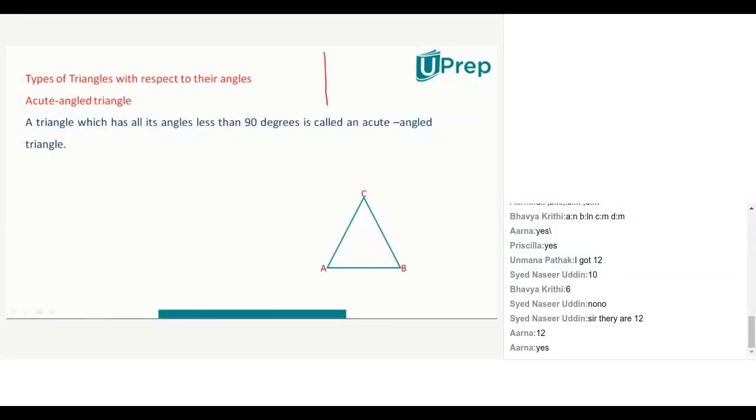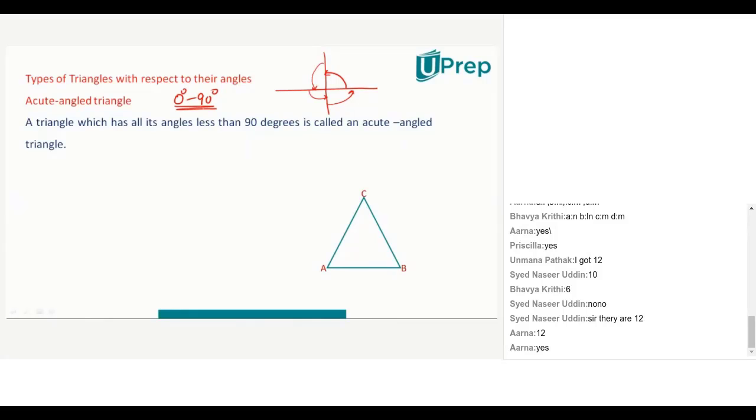Remember, I drew this, then I started moving, and discussed the different types of angles that they form, a crocodile mouth, hands opening. Remember so many examples. Yes, acute is when the angle falls between 0 and 90 degrees. Perfect. Now, a triangle which has all its angles less than 90 degrees is called acute.